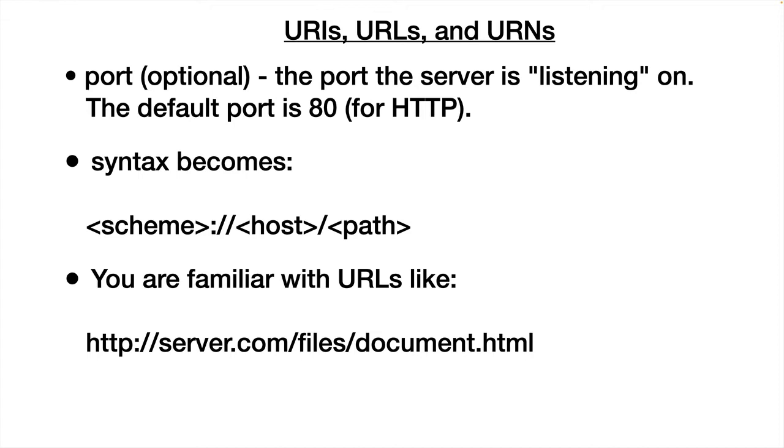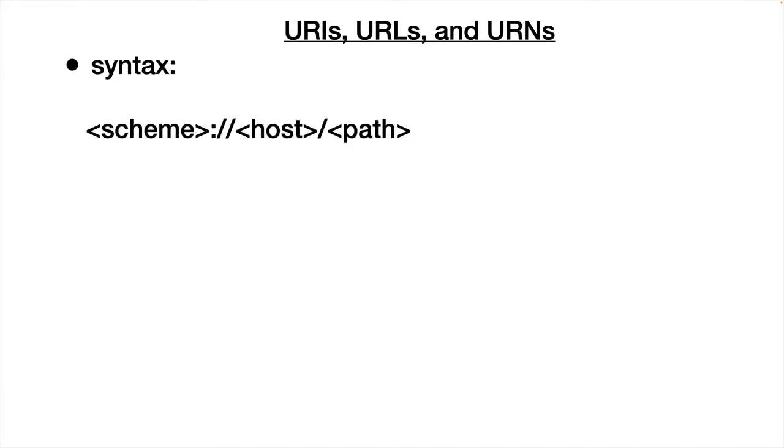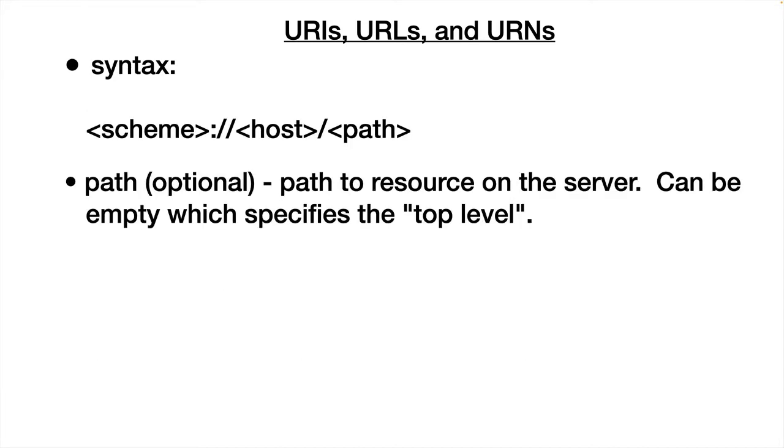The host is required, and you may have a path. That path can be empty. If that path is empty, then it's going to go to the top level of that server. The path is technically optional.